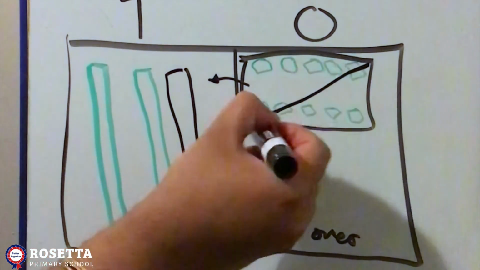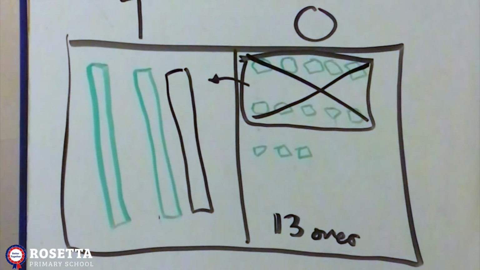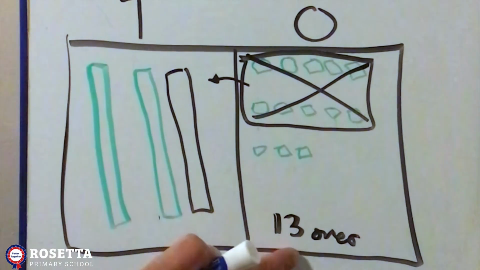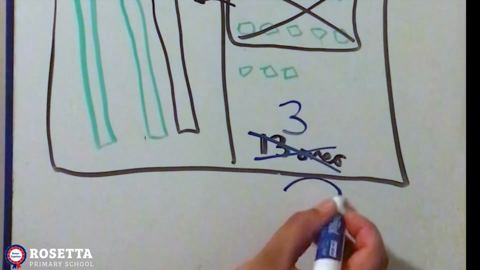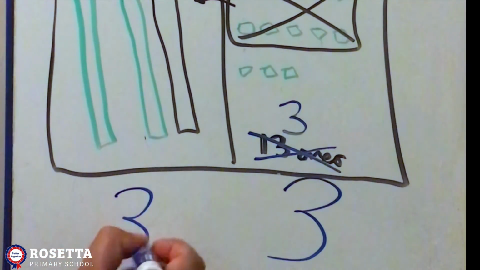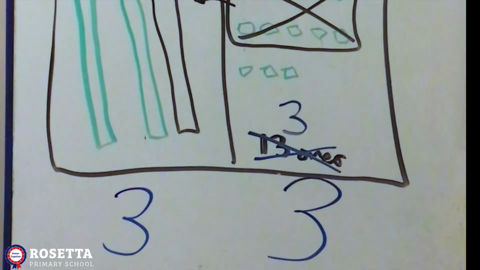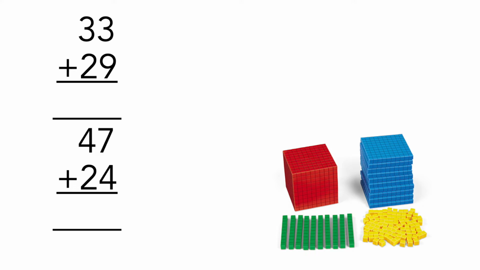So these 10 ones have now become 1 ten. So now we can see what number do we have there. Is it still 13 ones? No, well done. So we've got 3 ones there now. Okay, so we've got 3 ones and 3 tens. Okay, so well done guys. Fantastic, 3 different methods.